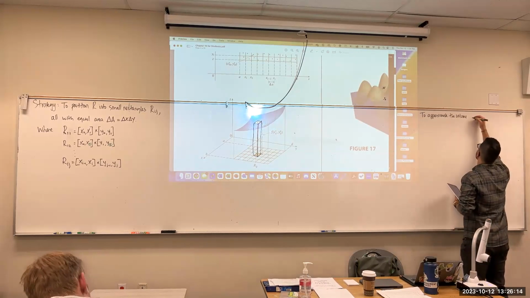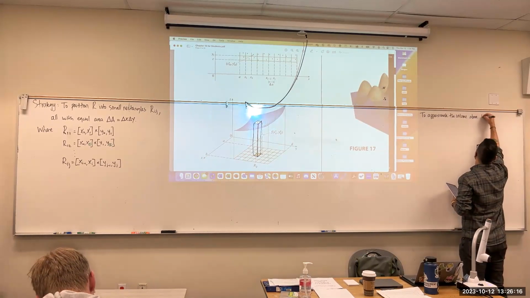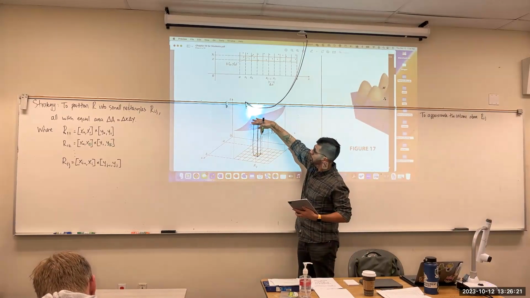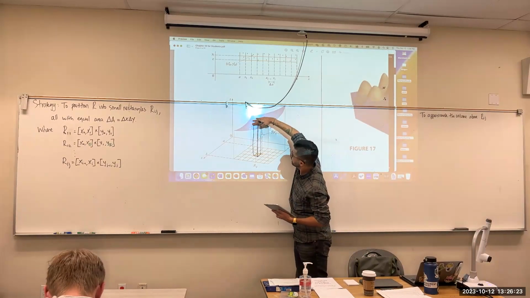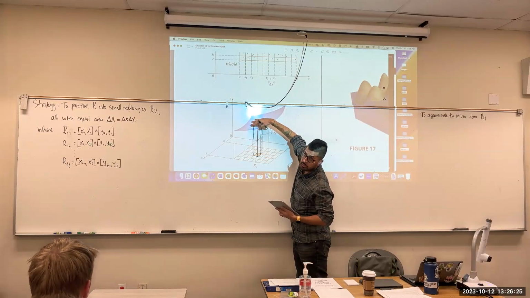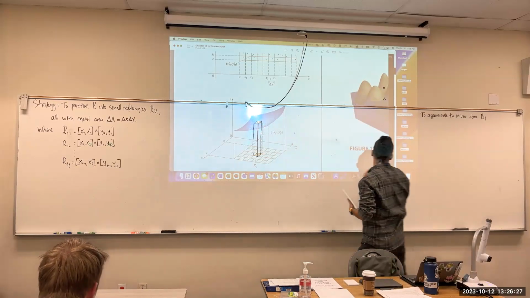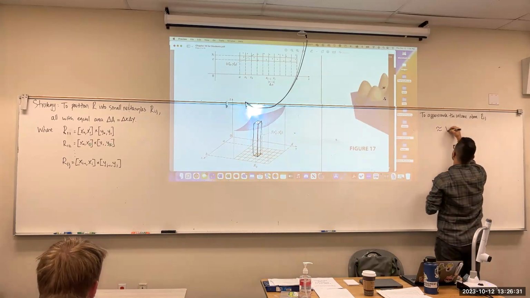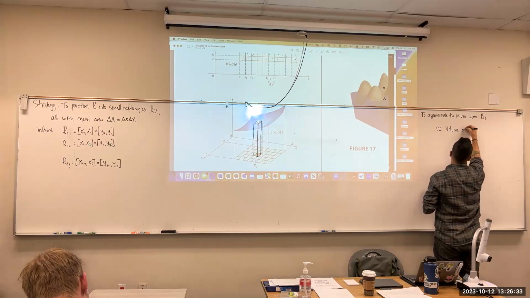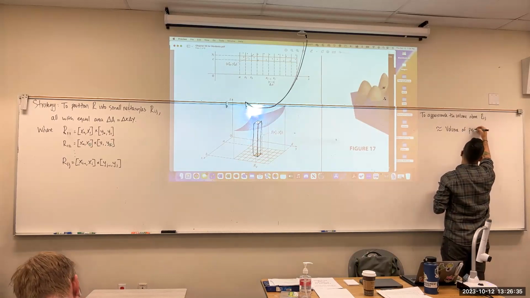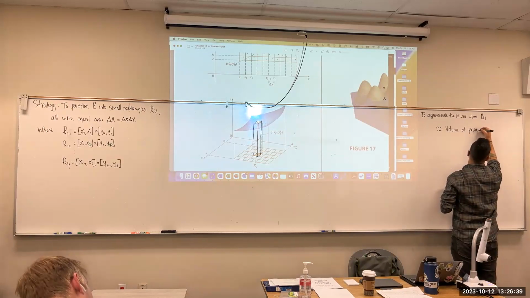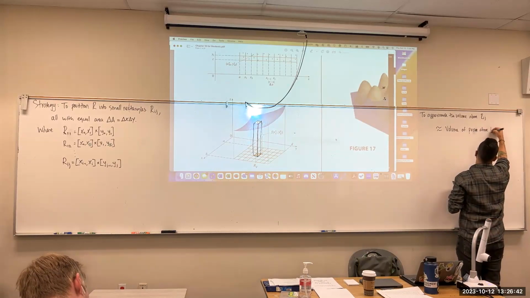To approximate the volume above Rij, right? Because this is going to be a flat surface, but versus the surface of f is really not, it's going to be a little slanted. Okay? We're going to take the volume of that prism. So the volume of the prism above Rij.